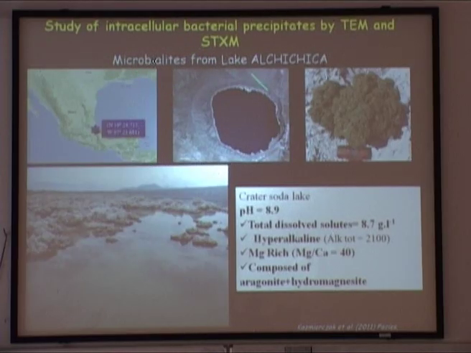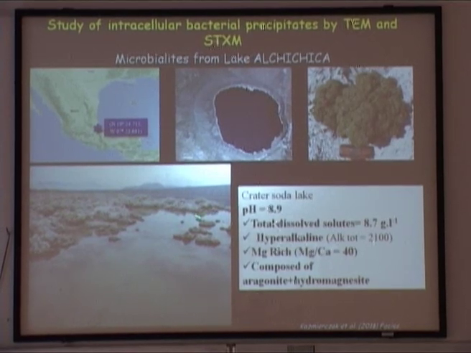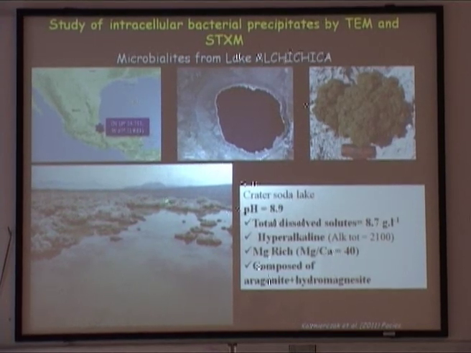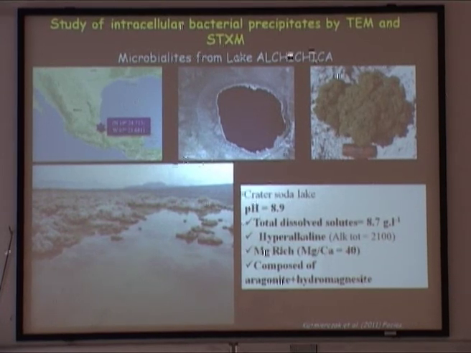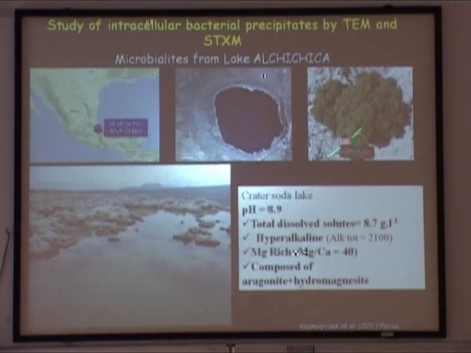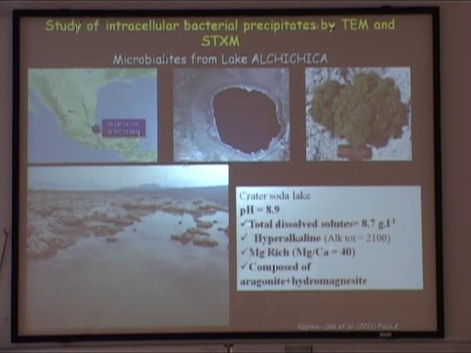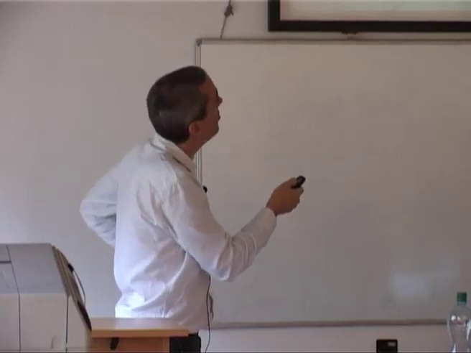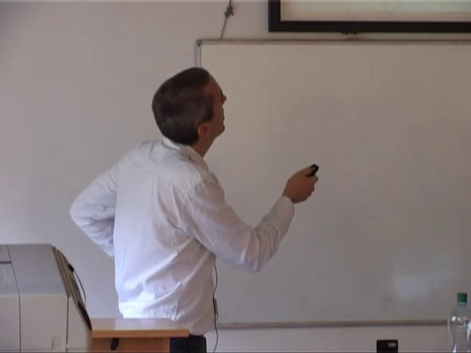So we have been looking at stromatolites from Lake Alchichica. This is in Mexico. This is a crater lake. And on the shore of this lake, we can find these stromatolites, so these really abundant formations that look like this, actually. They are carbonate deposits. They look green when you have a film of microbes populating the surface of these stromatolites.